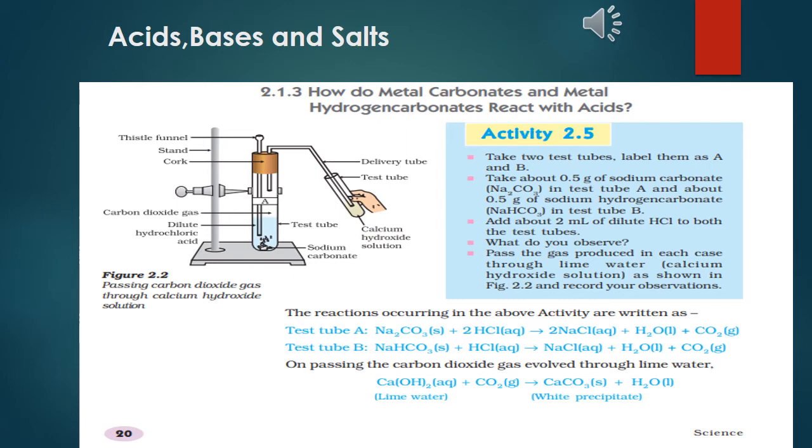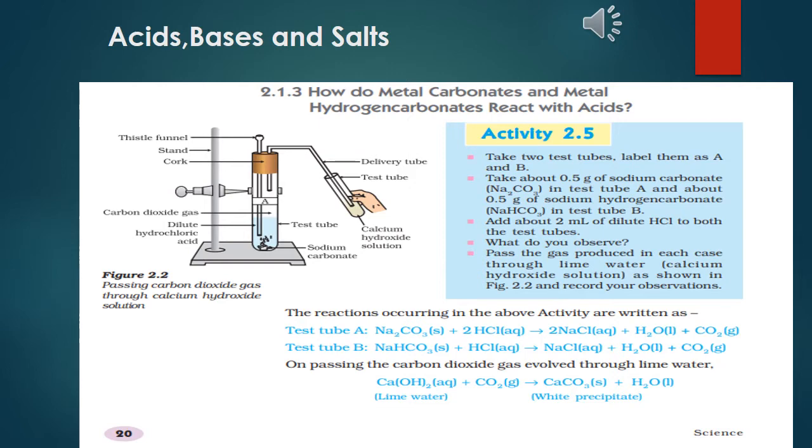We will observe that test tube A contains sodium carbonate, and after adding hydrochloric acid, the reaction takes place to form sodium chloride and water, and the gas liberated here is carbon dioxide. Remember, carbon dioxide gas is produced in this reaction.